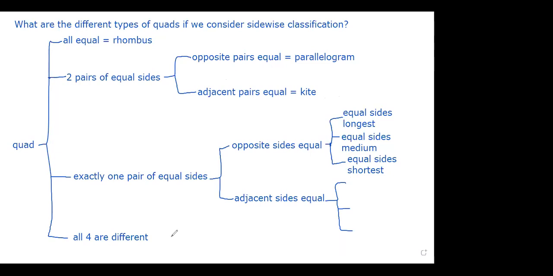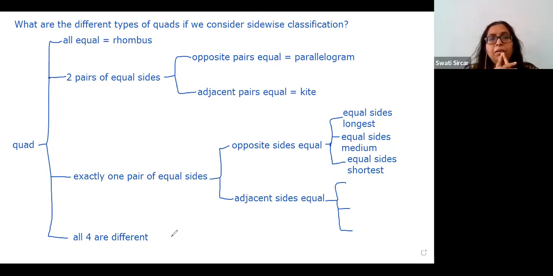Parallel sides, we'll come to parallel, but when you're talking about length, have we exhausted every possibility? We have considered all equal. We have considered 2 pairs of equal sides. We have considered 1 pair of equal sides, and all 4 different. Is there anything we are missing?